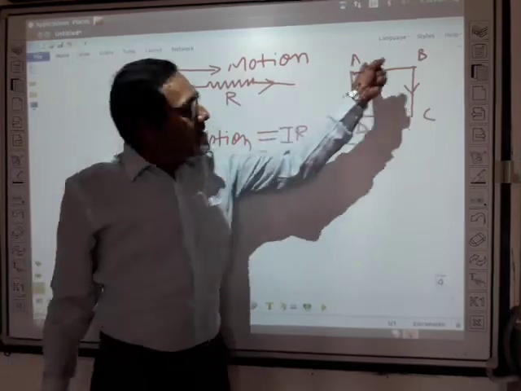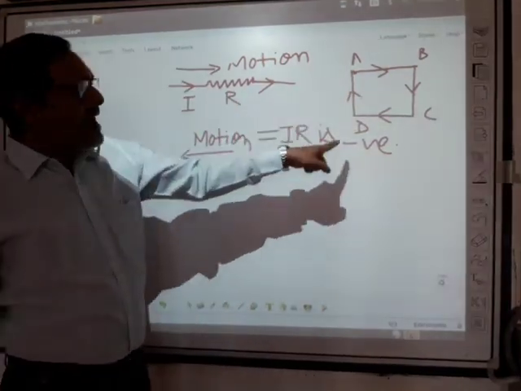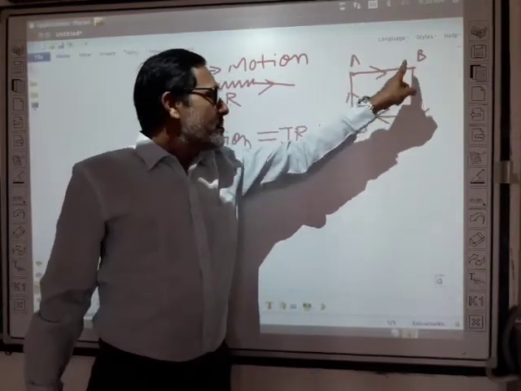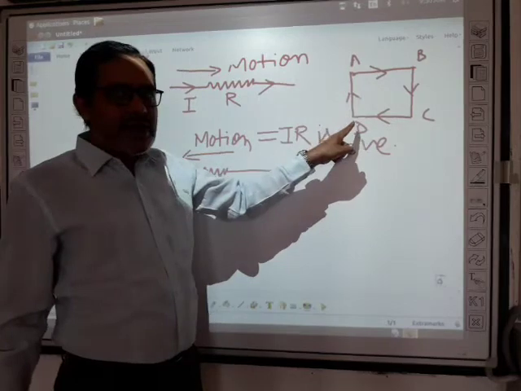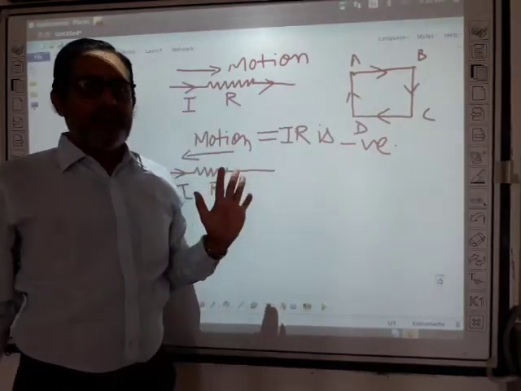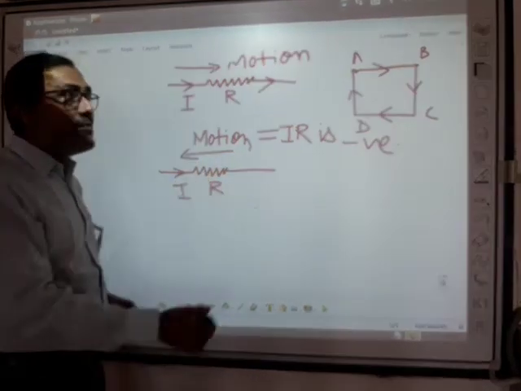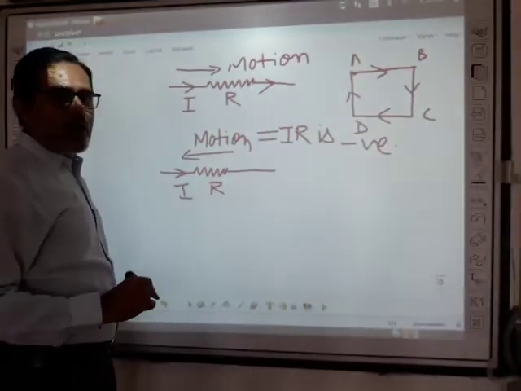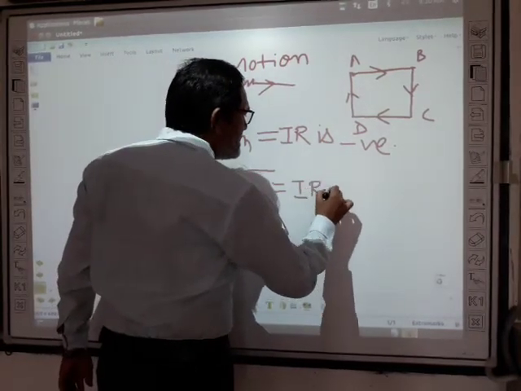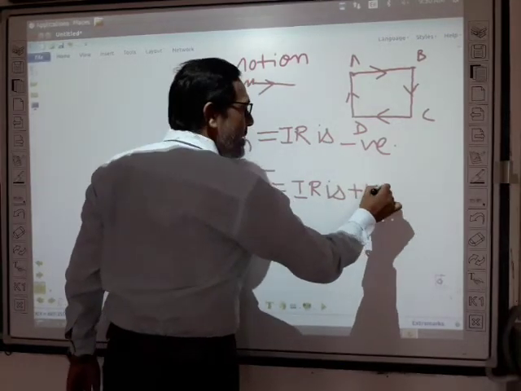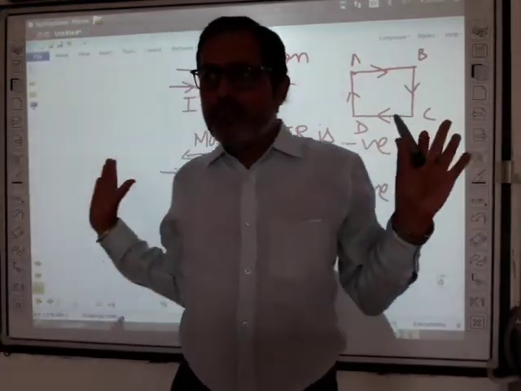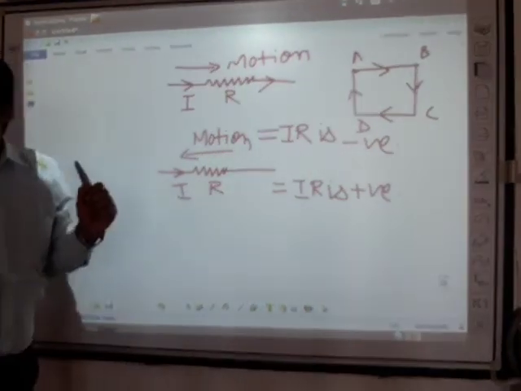So if we move according to the direction of current, then the IR product in each branch, remember it, this branch IR plus this branch IR plus this branch IR plus this branch IR is to remain constant. Similarly, if we move A to D anti-clockwise, then the product of IR is positive. You should take the product of IR as positive. These 2 points are clear to all of you?